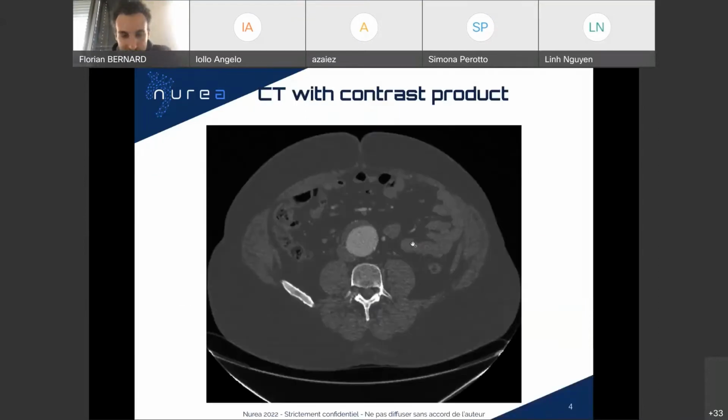Okay, so let's have a look at what a physician is actually seeing when a patient comes to his office after having a CT. So that's a CT slice, so it's an axial slice. A CT image is made of several slices, with a different thickness.